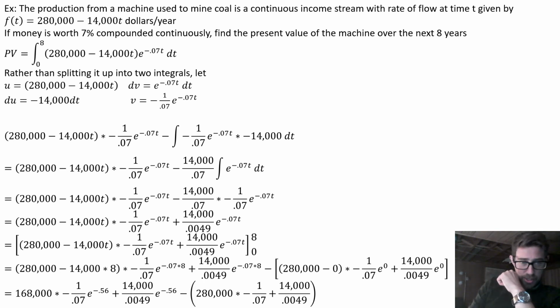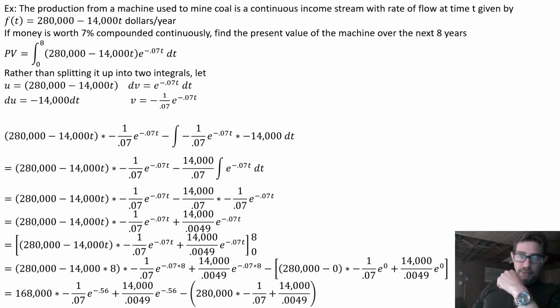So let's see, 280,000 minus 14,000 times 8 is 168,000. And then it's times 1 over 0.07, e to the 0.07 times 8, which is 0.56. And then it's plus another 14,000 over 0.0049, e to the negative 0.56, minus, okay, there's that 0 goes away, so it's 280,000 times negative 1 over 0.07, e to the 0 is just 1, so that goes away, plus 14,000 over 0.0049, again, the e to the 0 goes away.